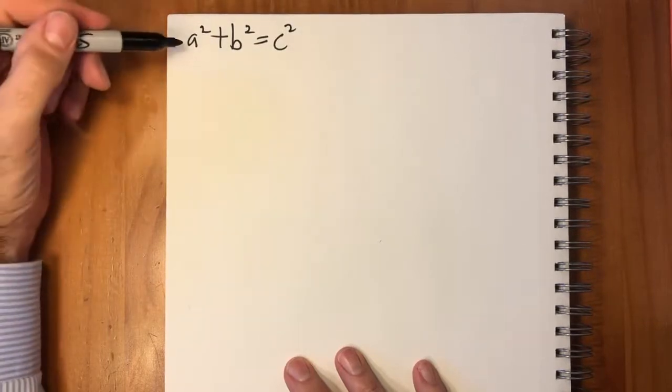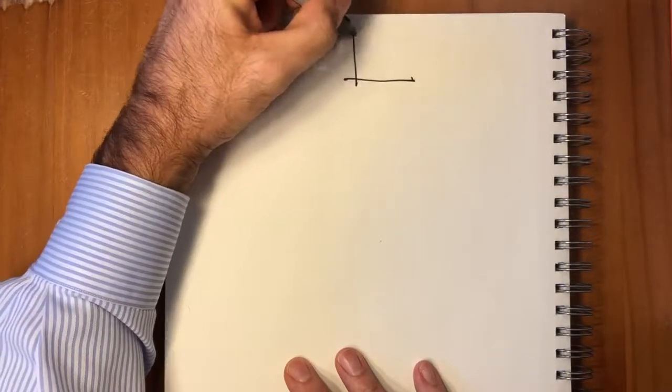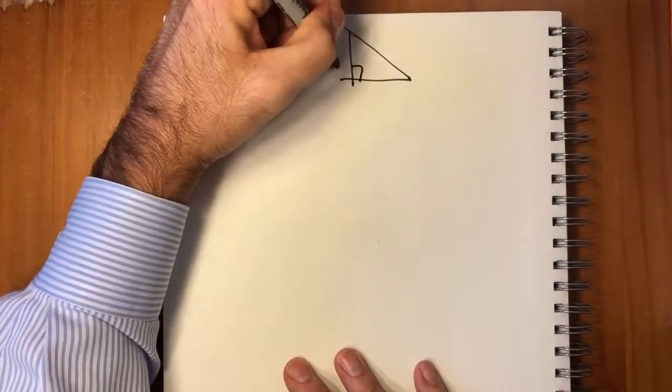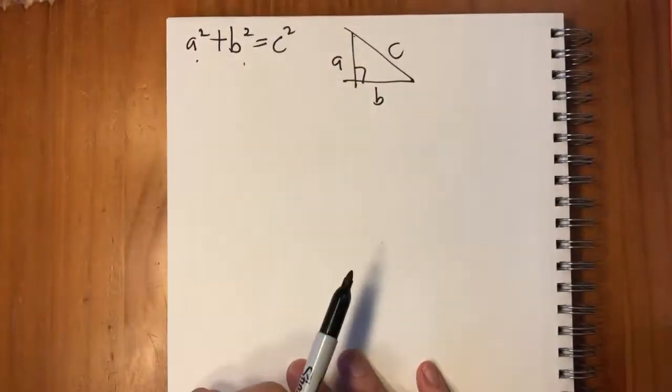So we're going to start with the Pythagorean theorem, which everyone surely knows. And then the question is, how are we going to get from there, which means a right triangle with sides A, B, C, a squared plus b squared equals c squared, right?